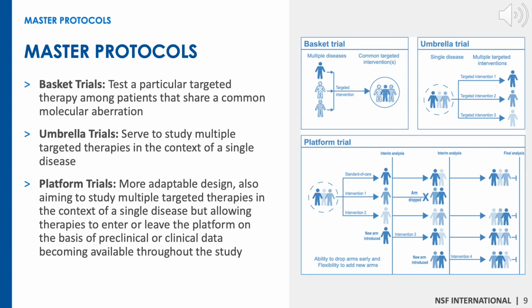In a basket trial, one targeted therapy is tested on more than one disease or subtype of disease. In an umbrella trial, multiple targeted therapies are studied in the context of a single disease.